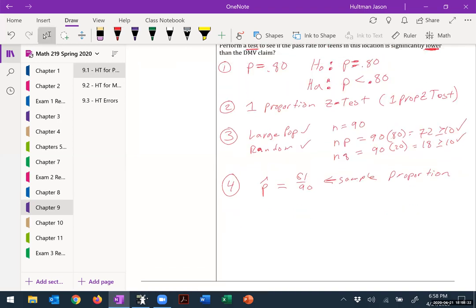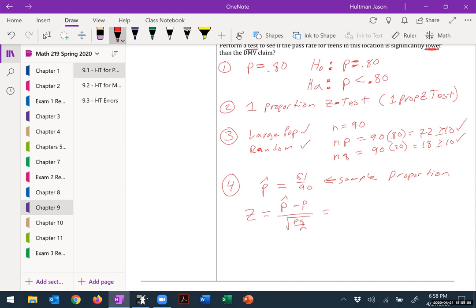Okay, so how are we going to calculate our z-score? Well, to get our z-score, it's going to be p hat minus p naught, all over the square root of p q over n, because it's a sample proportion. So what's p hat?